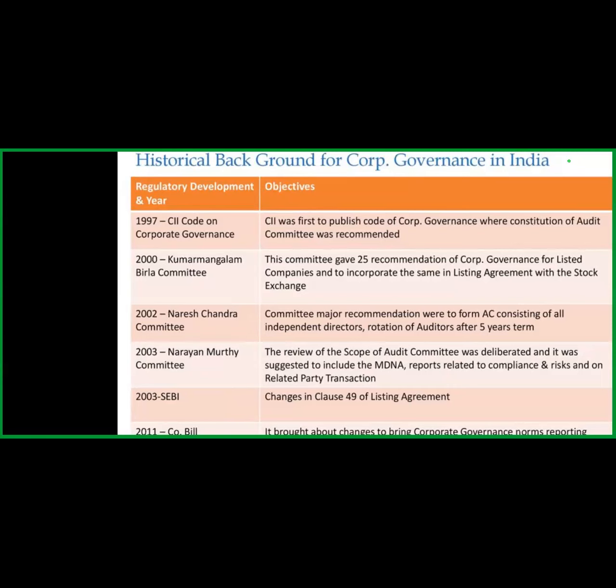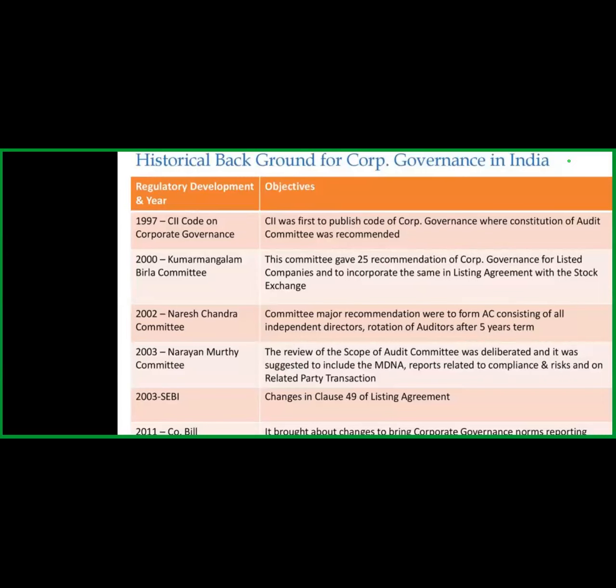Now, on the one hand, the government is trying to relax the rules to facilitate foreign investment. On the other hand, once the rules are relaxed, there are people like Harshad Mehta and others who use these relaxations for their profit. How to have a balance?